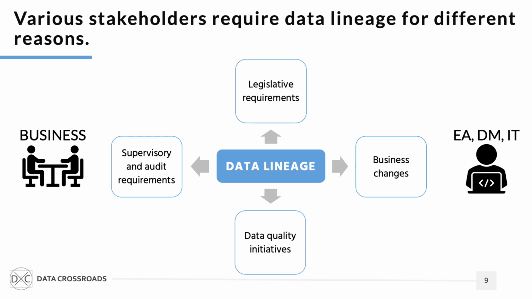The impact analysis will estimate all required changes in the consequent applications, including the impact on the end report and/or dashboard. In this case, data lineage will be able to ease the impact analysis of the change.